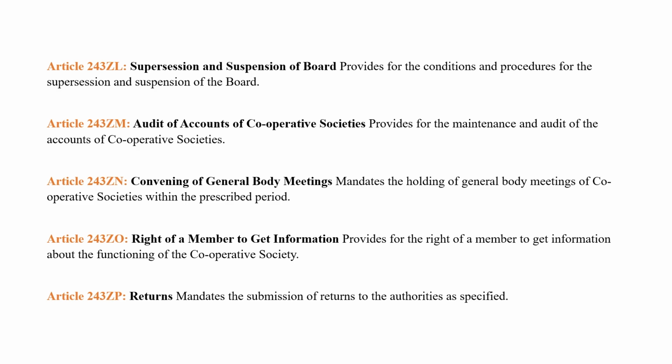Let's suppose there is a cooperative society; each cooperative society has a board, a committee. So it explains the supersession and suspension of the board. Clear?